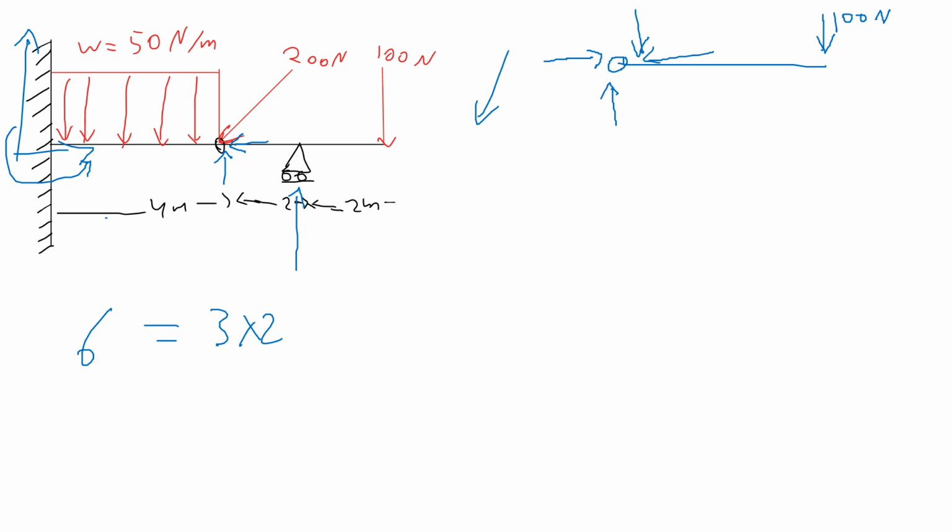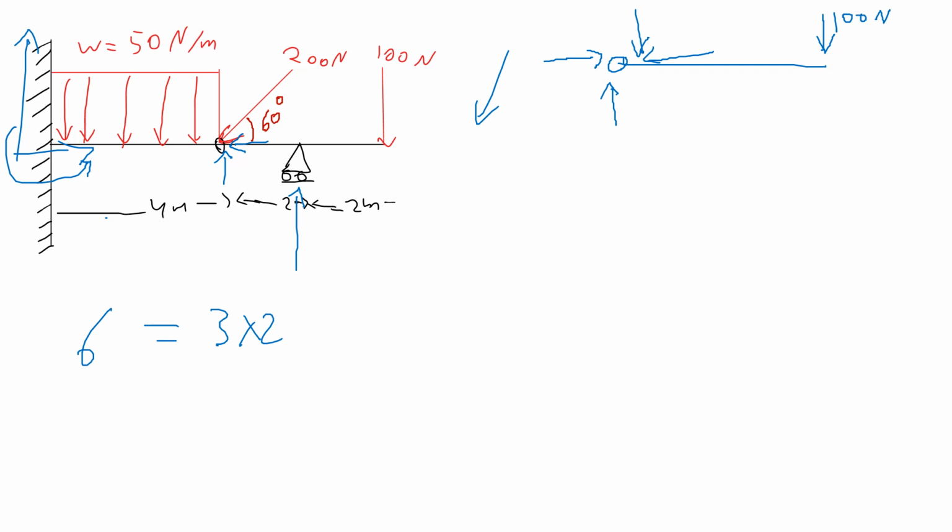So let's analyze it. I forgot the angle. Let me go back and take the red color. Here in the question there must be an angle, and this angle is 60 degrees.